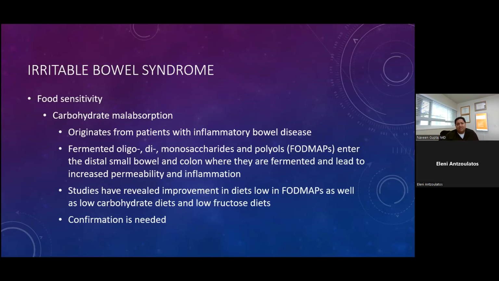Fructose in its digestion leads to a lot of gas formation, and patients do feel better. To give you a blanket recommendation that all irritable bowel syndrome should have a low FODMAP diet, we definitely need more studies, but I think for the right patient, it makes a big difference.